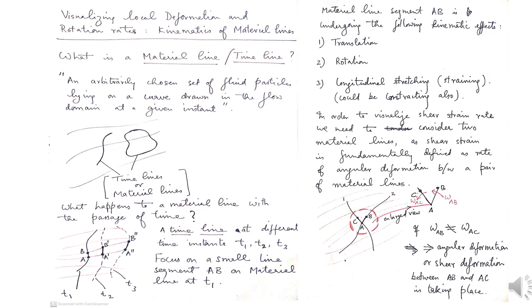At this moment, when we are setting the stage for local deformation and rotation rates, we are not restricting our thinking to two-dimensional flow fields. So timelines, the picture that we have shown here, could very well exist in a three-dimensional flow field. And all these kinematic effects, translation, rotation, stretching, could well be going on in a three-dimensional material line.